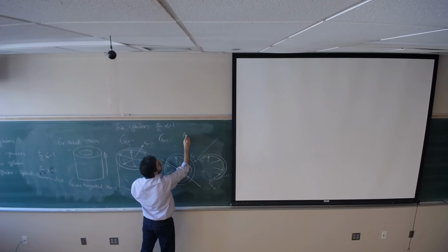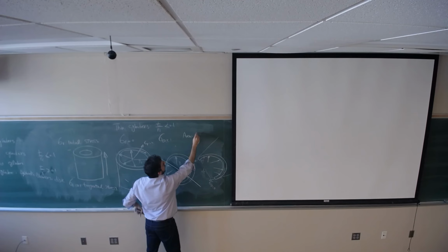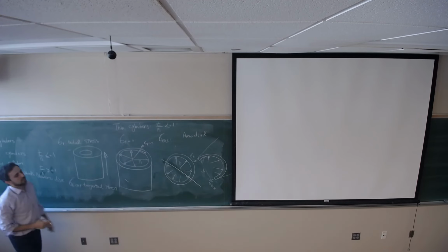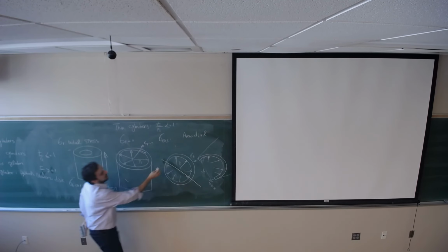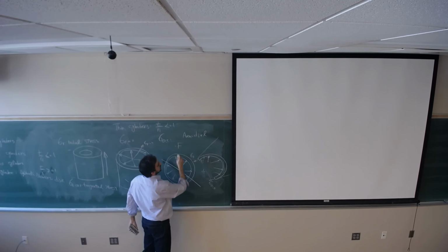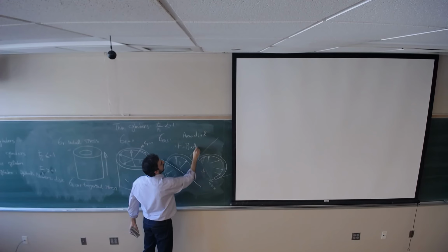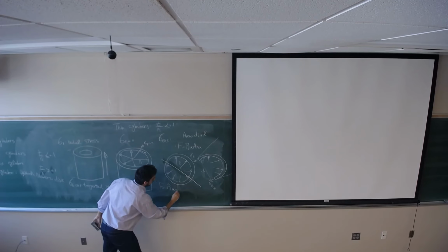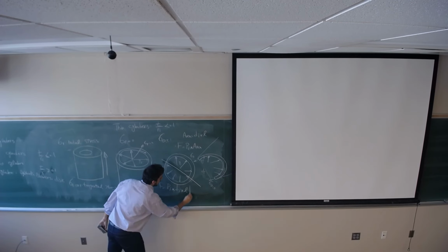So area would be Di times L. So this pressure is applied to this area. If I want to find the force coming from this internal pressure, it's going to be the internal pressure times the area. So the force would be Pi times Di times L.